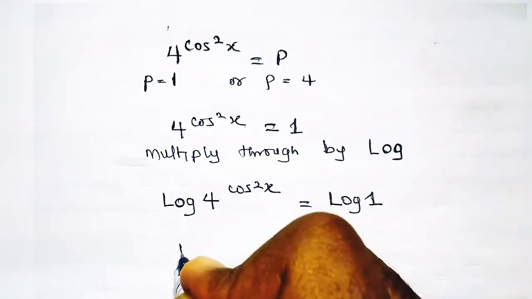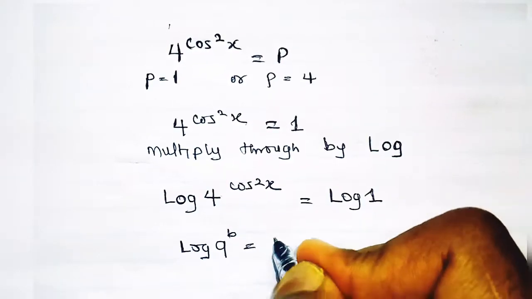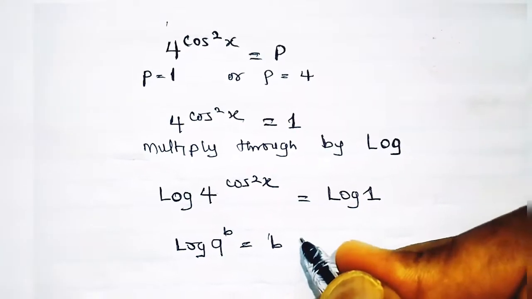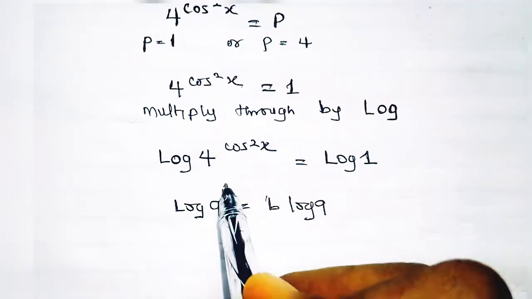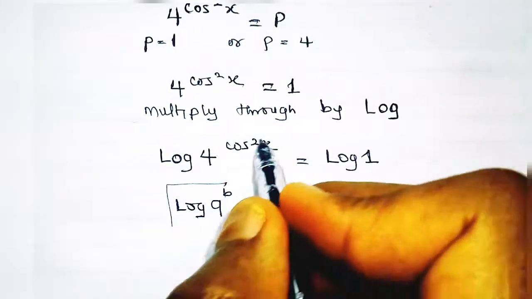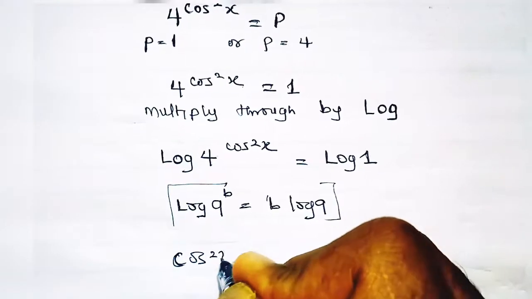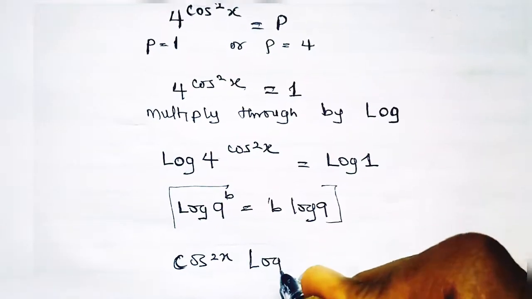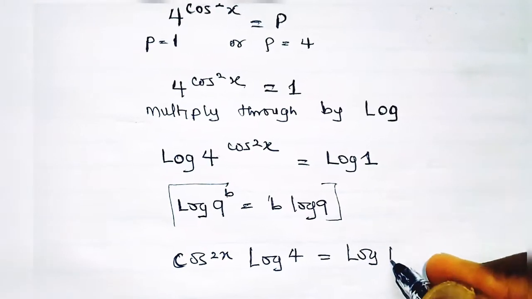Then we all know that log a raised to the power b is equal to b log a, right? Then I can just apply this rule to this stuff right here. So log 4 to the power cos square x can be written as cos square x log 4 equals log 1.